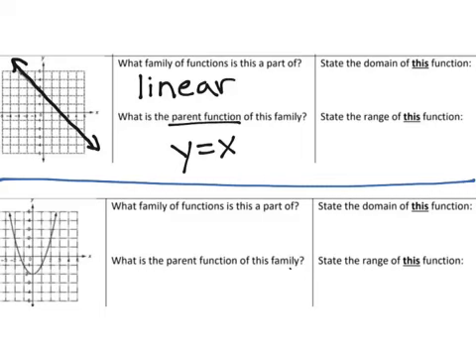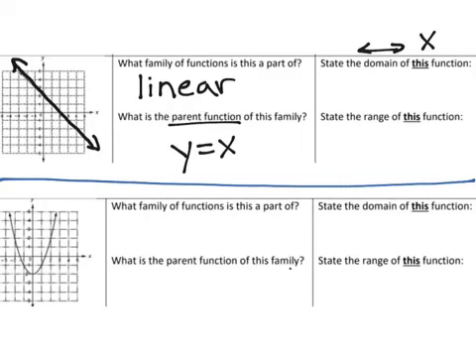the parent linear function. Now let's go on, and we're going to talk about the domain and the range. And so domain has to do with how far it goes left and right, and we're going to use x to explain that. So if we take a look at our function over here, we have an arrow on each side of it showing us that it would go off the screen that way and off the screen that way and extend forever, as far as you can picture, and then some.